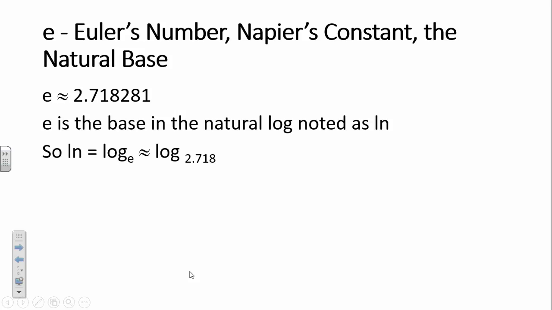E is the base in the natural log, and we write natural log as the letters ln. If we're working with a regular log, the common log, then that's a log base 10. A natural log is a log base E, which is approximately equal to the log base 2.718. Okay.